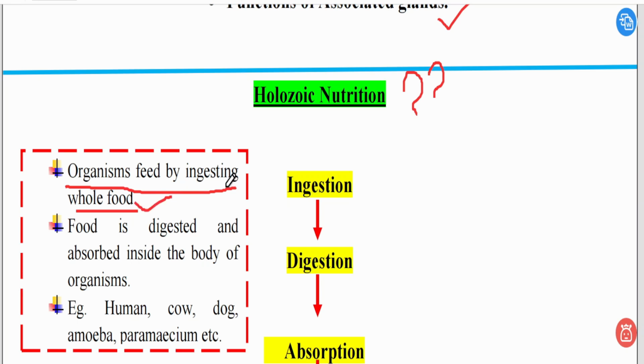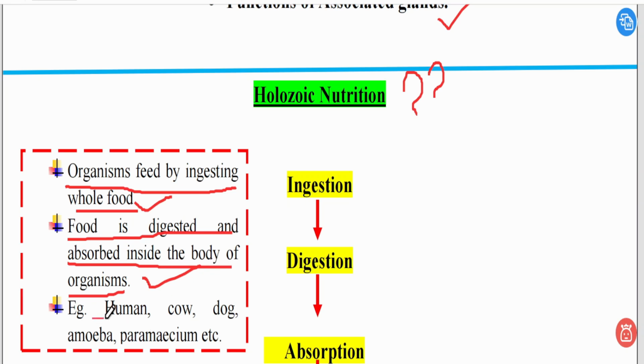In those organisms, the food is digested and absorbed inside the body of the organism. So the digestion and absorption process takes place inside the body.